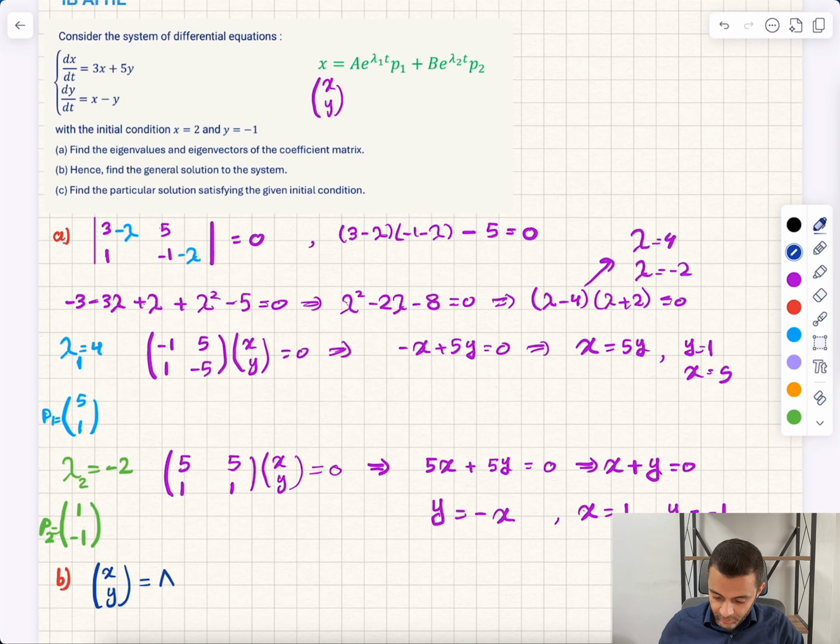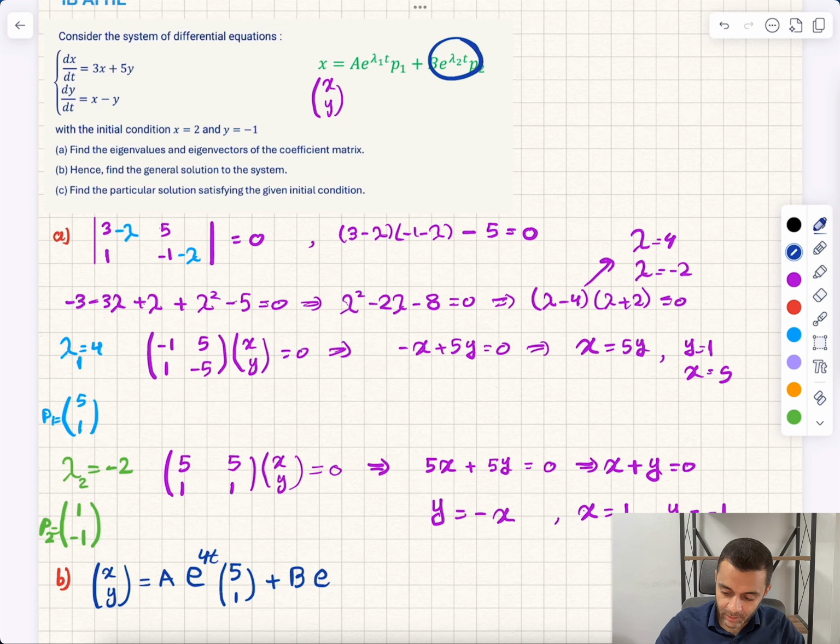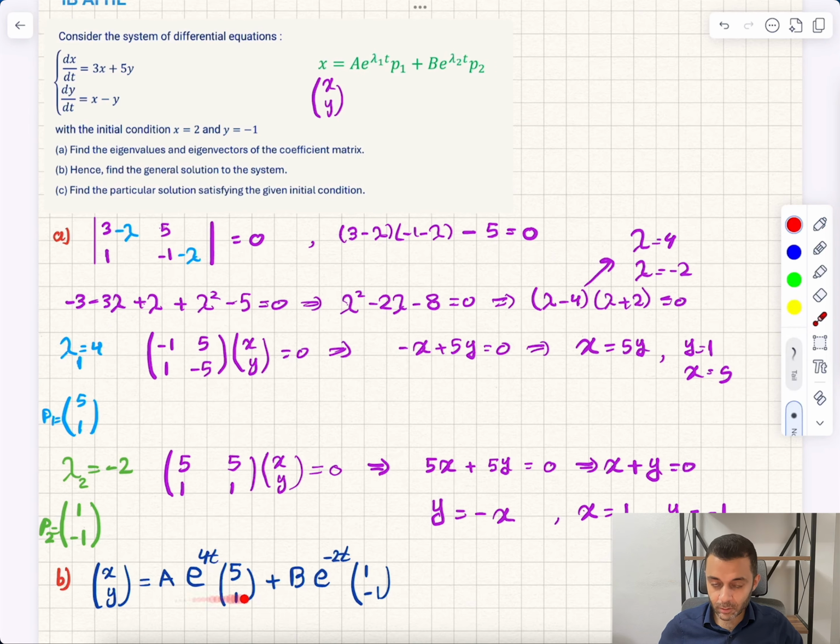So we have a multiplied by e to the power of lambda 1, which is 4, multiplied by t, times the eigenvector corresponding to lambda 1, which is here 5, 1, plus then we have b, the other eigenvalue here, lambda 2, which is negative 2 in our case, multiplied by the corresponding eigenvector here, 1, negative 1. That's it. So this is the general solution to the coupled differential equation.